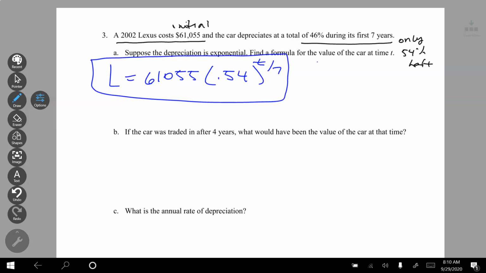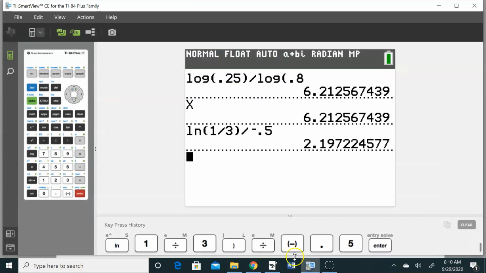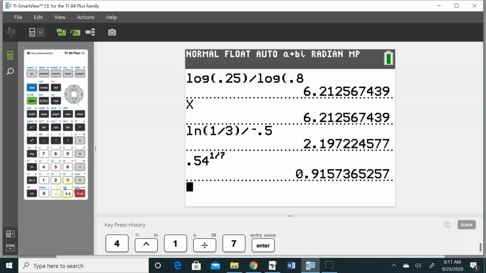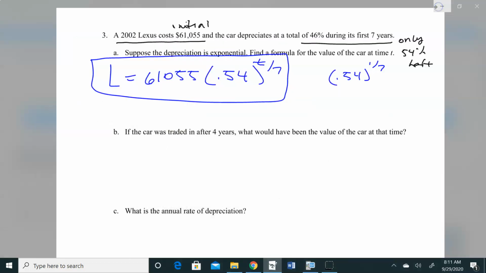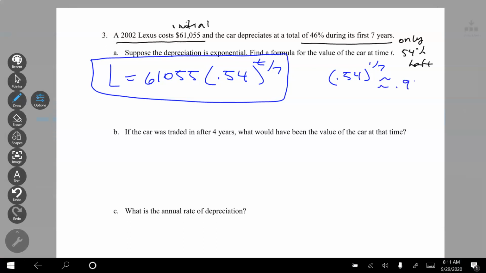Another way to do this is take this 0.54 and raise it to the 1/7, and when you do that on the calculator, you get this decimal, which isn't always bad. 0.916, and I can rewrite this equation as L equals 61055 times 0.916 raised to the x or raised to the t.